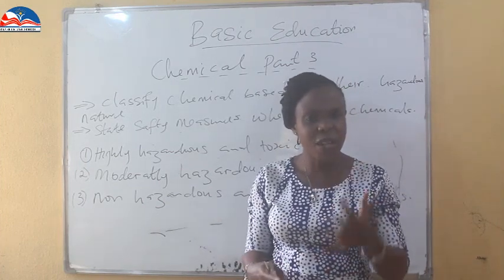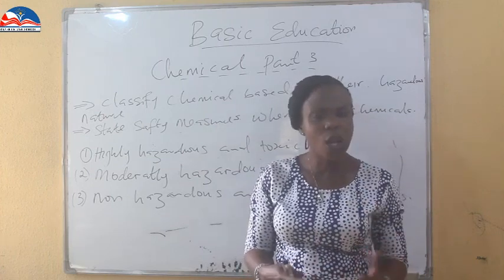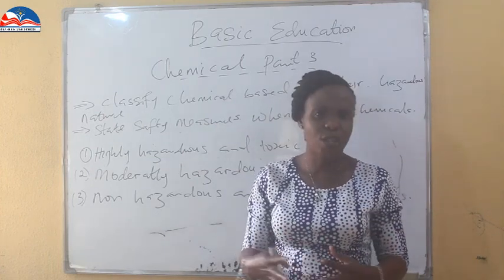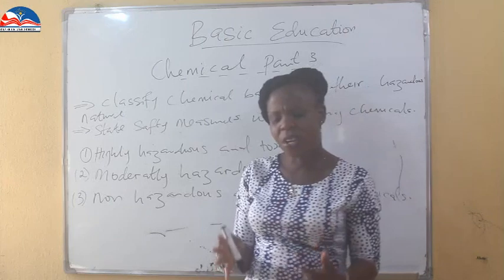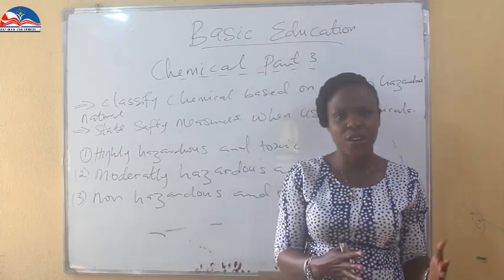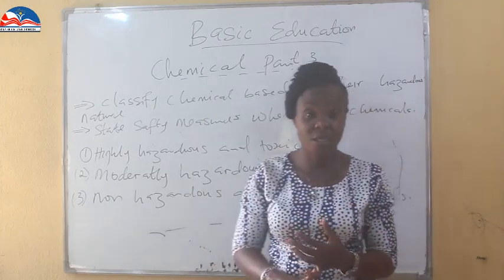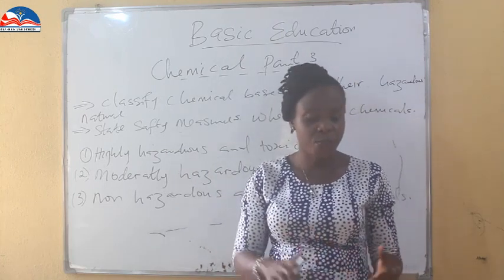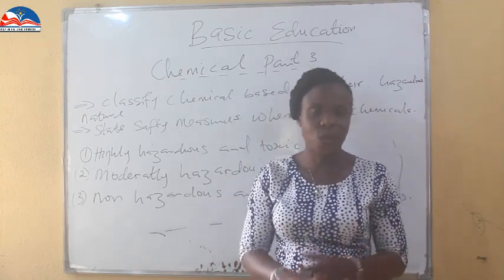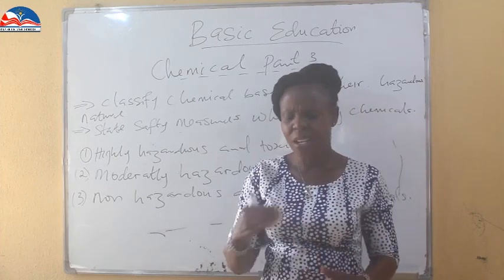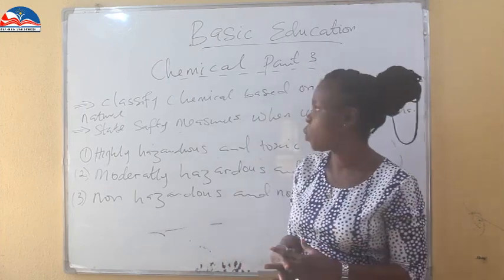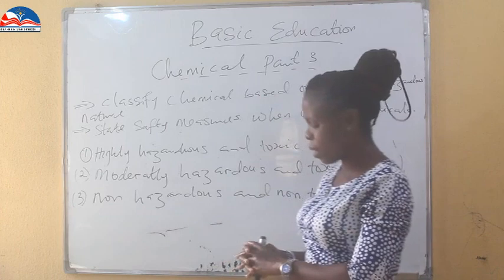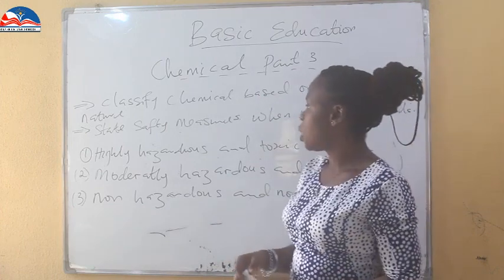It has no smell, it has no color, it has no effect on the skin. So we have classified chemicals in these areas: highly hazardous, moderately hazardous and toxic, then non-hazardous and non-toxic. These are the three areas we can classify chemicals into.